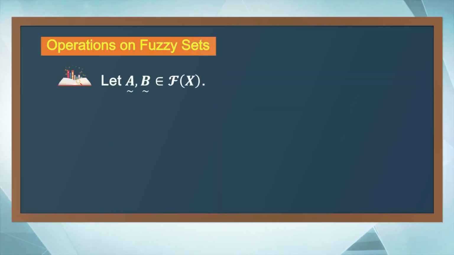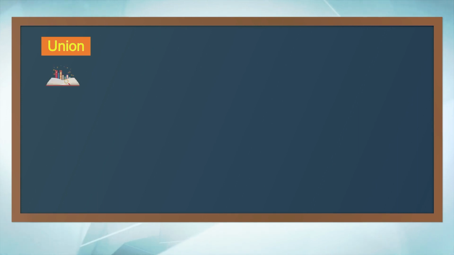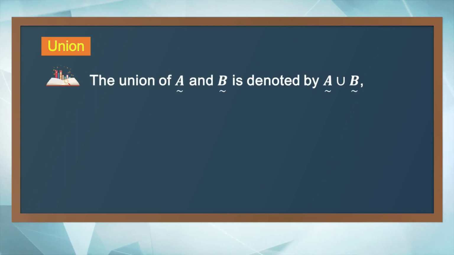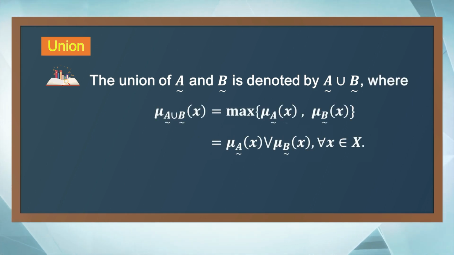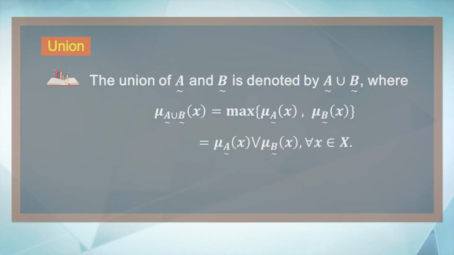Let A and B be two fuzzy sets. First, the union. The union of A and B is denoted by this notation, where the degree of membership of element x in the union of A and B is the maximum of mu sub A of x and mu sub B of x for all x.